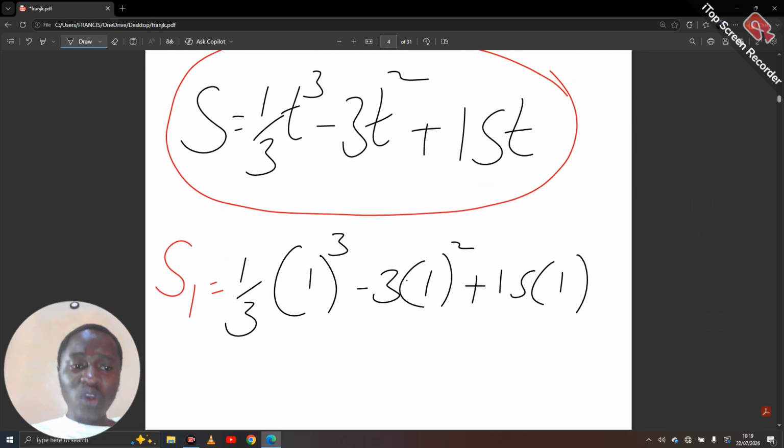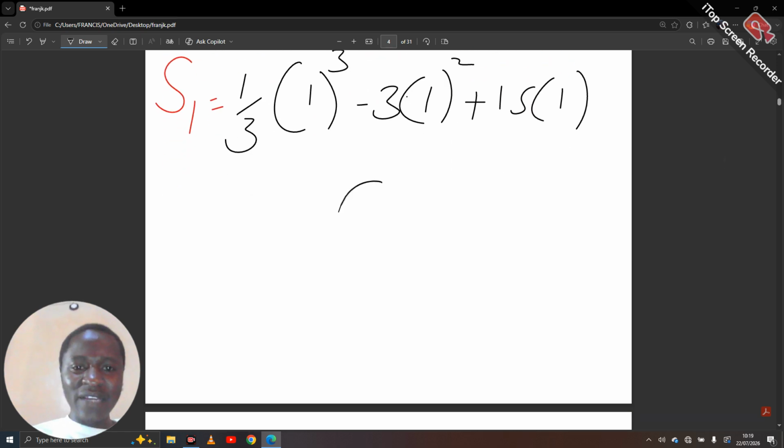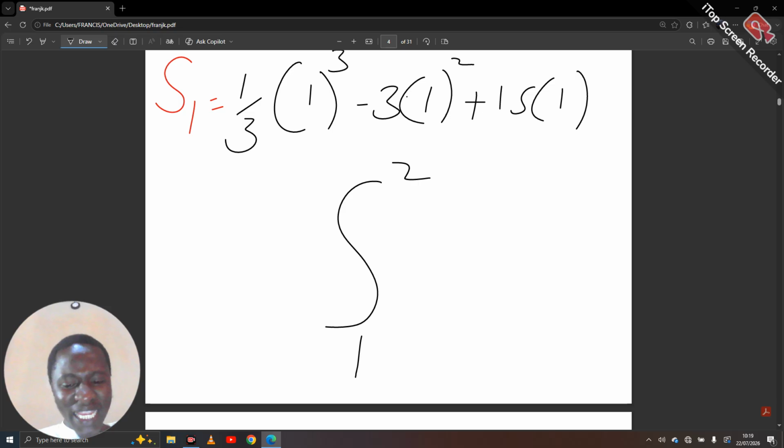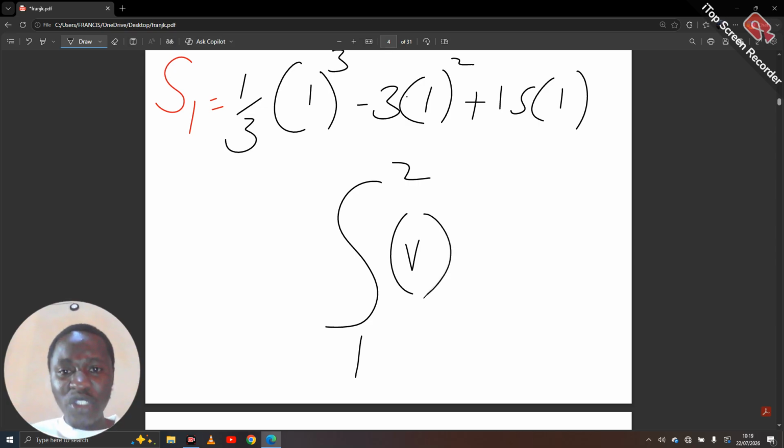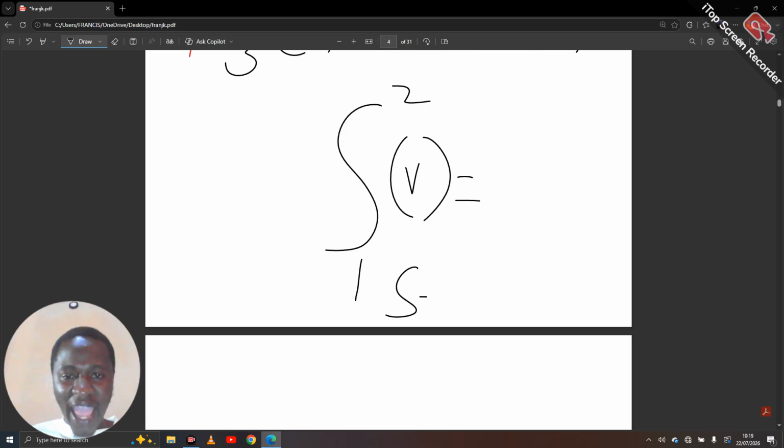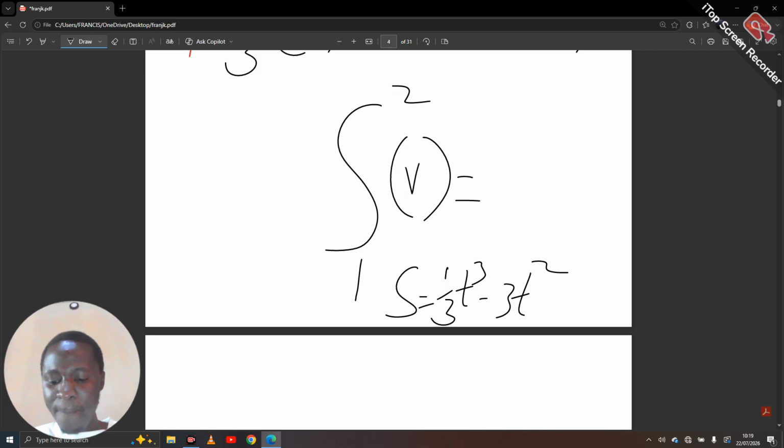So whatever I'm doing in this part, I am integrating from 1 to 2. And what am I integrating? I'm integrating the velocity, which I had already done to get S. And that S is a third t cubed minus 3t squared plus 15t.